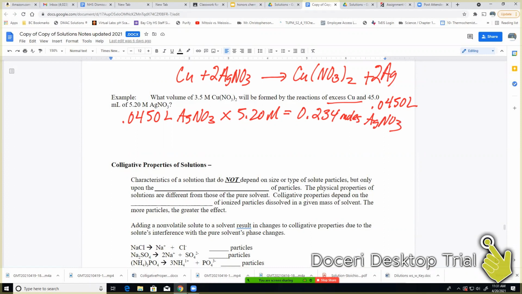All right, I've gotten it into moles, and I needed to do that because I have to get from silver nitrate to copper nitrate. So now this becomes my given, 0.234 moles silver nitrate.